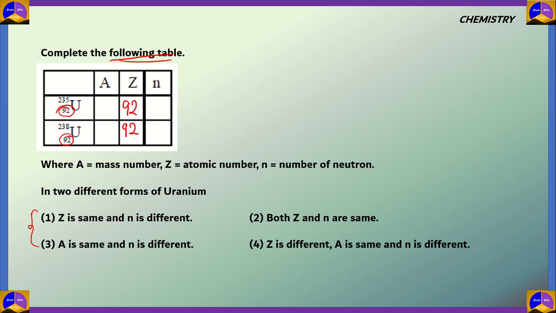So 92 would be Z. Now A, which is the mass number, represents the mass of one atom, which is 235, which is the sum of the number of protons and the number of neutrons. And so here will be 235 and here will be 238. Now, we know that A is equal to number of protons plus number of neutrons.